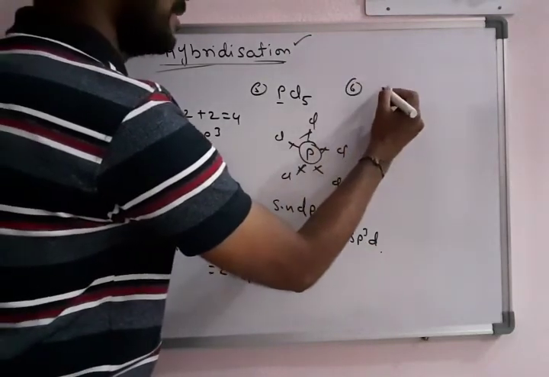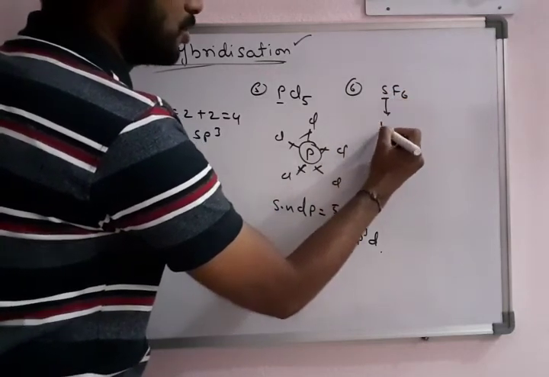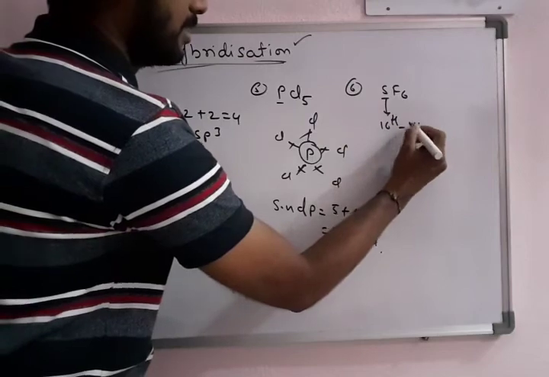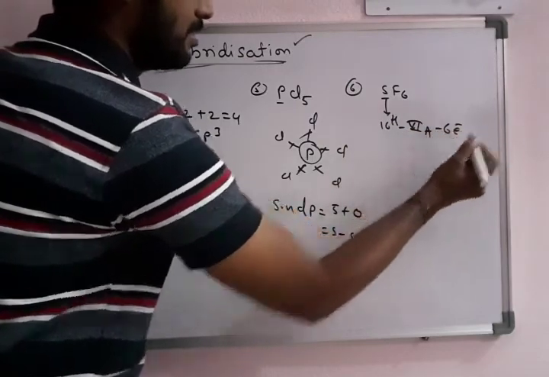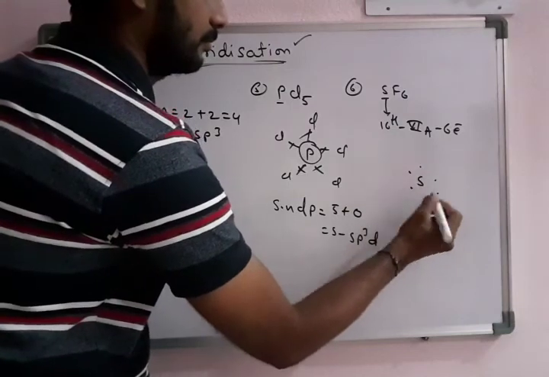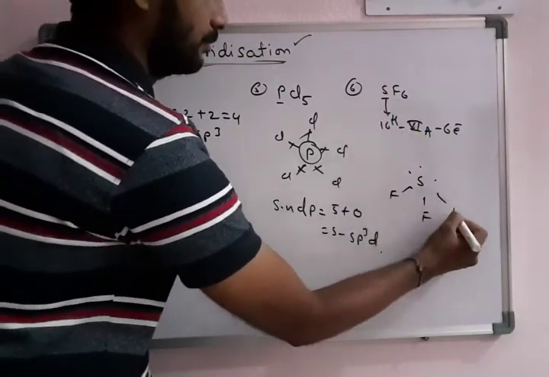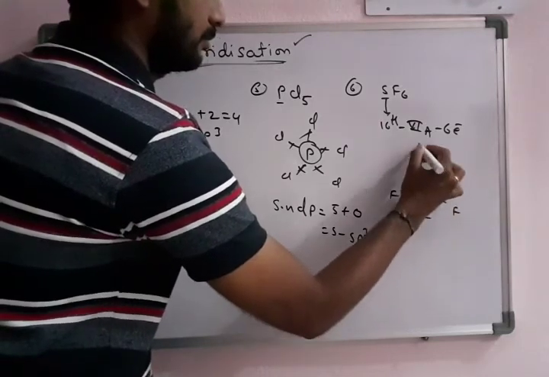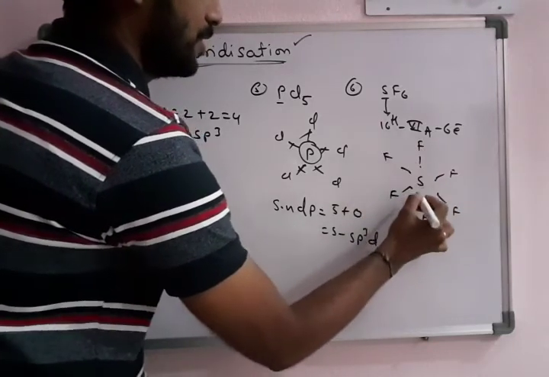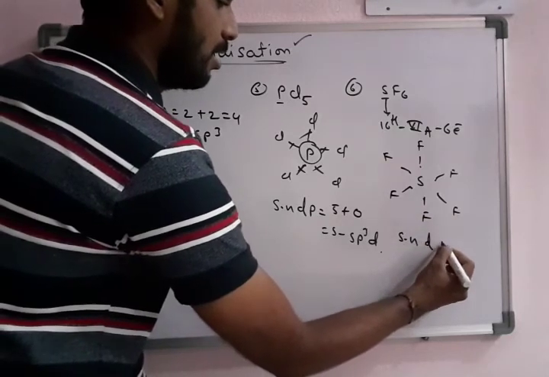Take another example, SF6. Sulfur belongs to the 16th group, the 6th A group, having 6 valence electrons. It is bonded with 6 fluorines. What is the steric number of sulfur?